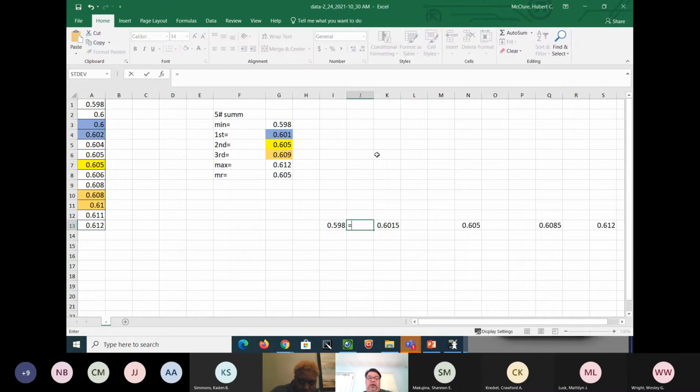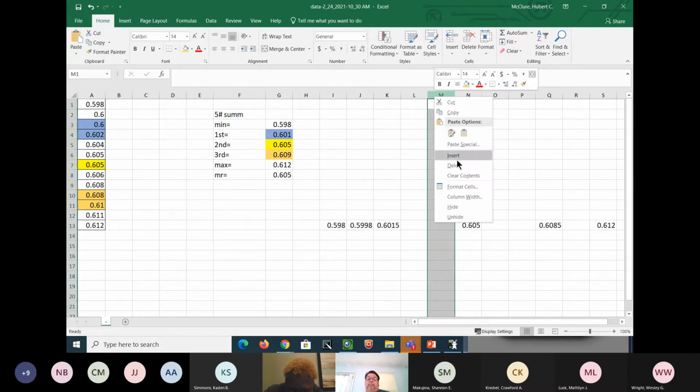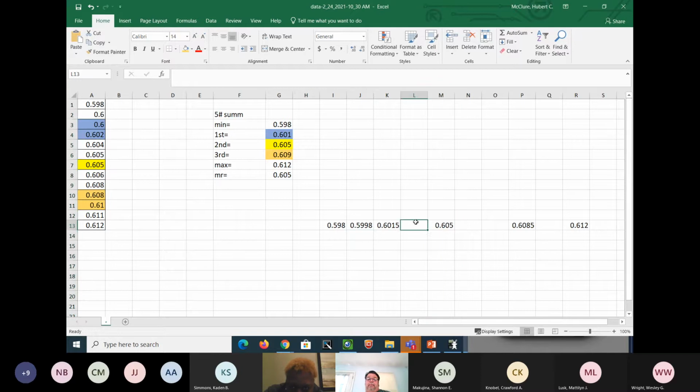I shouldn't have to show you all that, but I keep going until I fill up all the spaces. Equals this number plus this number divided by 2.